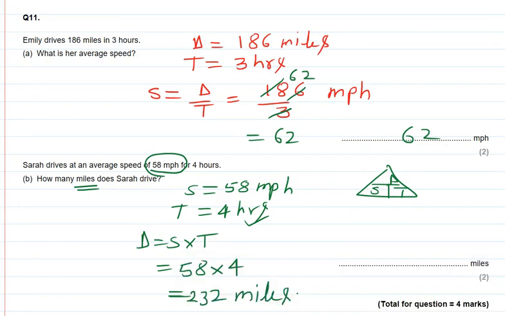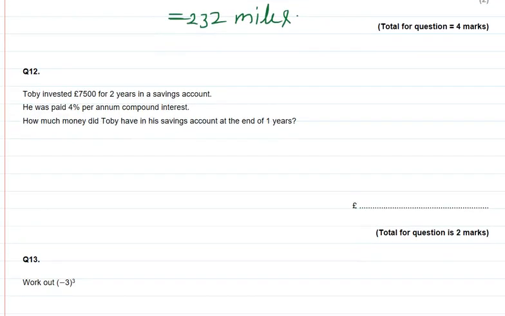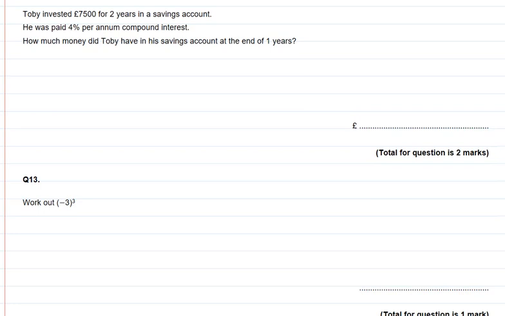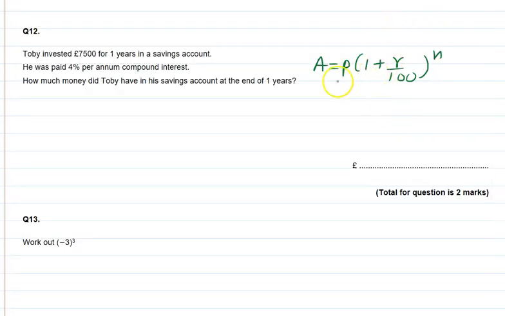Next question, question number 12. Here, Toby invested for 2 years. So before we move to the question, I can explain the formula. A equals P times (1 plus R over 100) to the power n. So this is your formula.